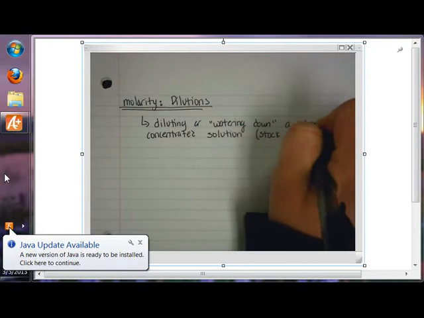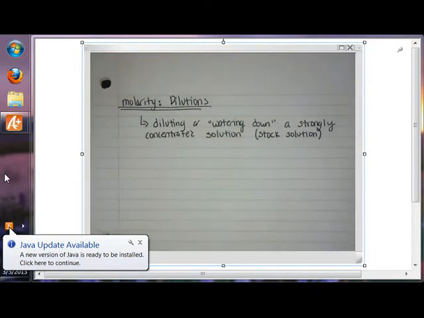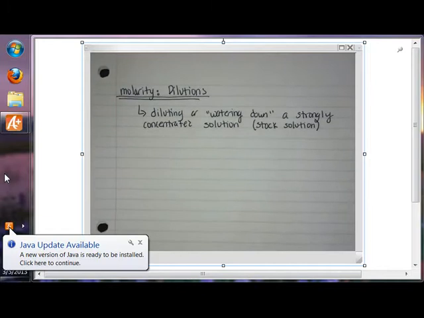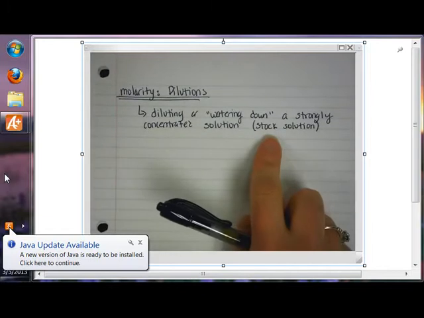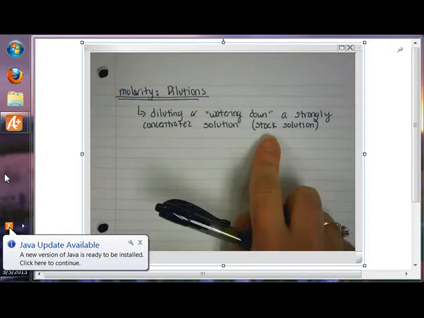Now, we're going to talk more tomorrow about what a stock solution is, and I'm going to show you some examples of it. But the takeaway point from these notes is this equation.